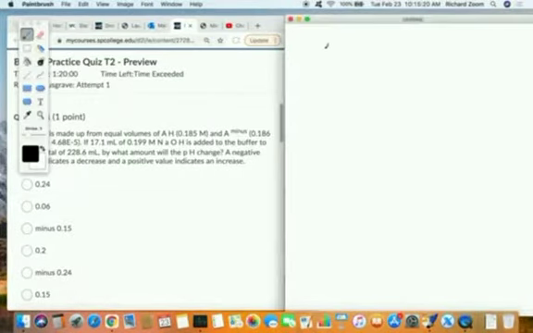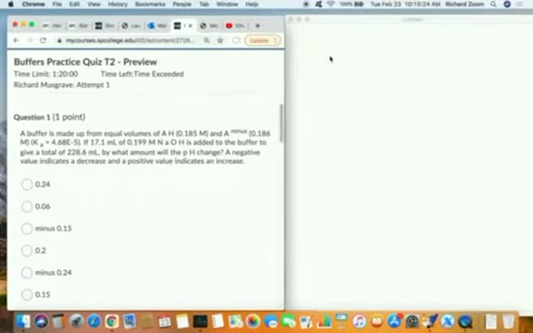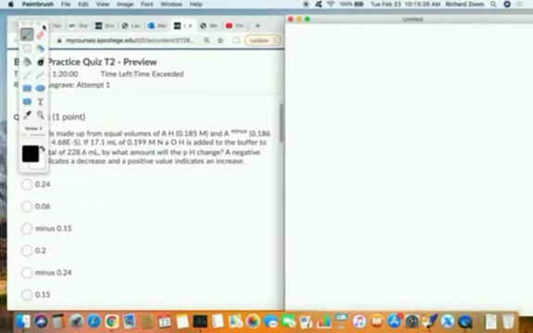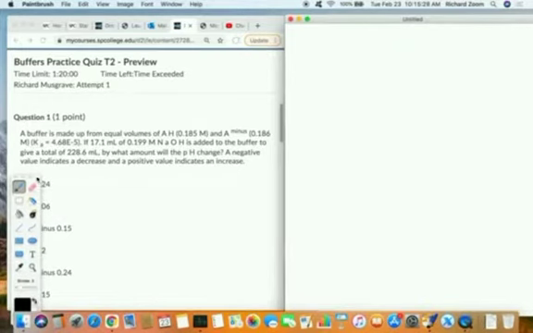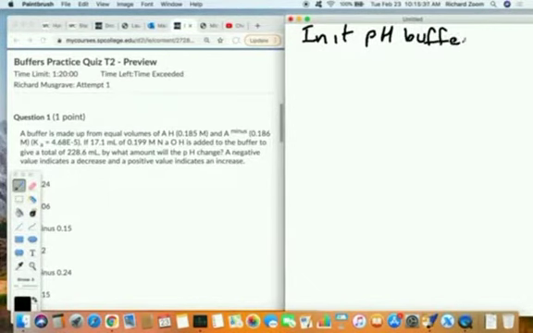So this is the buffer practice quiz problem. And what we're going to be doing first of all is determining the initial pH of the buffer. We'll do that by using our equation for the dissociation of the weak acid.